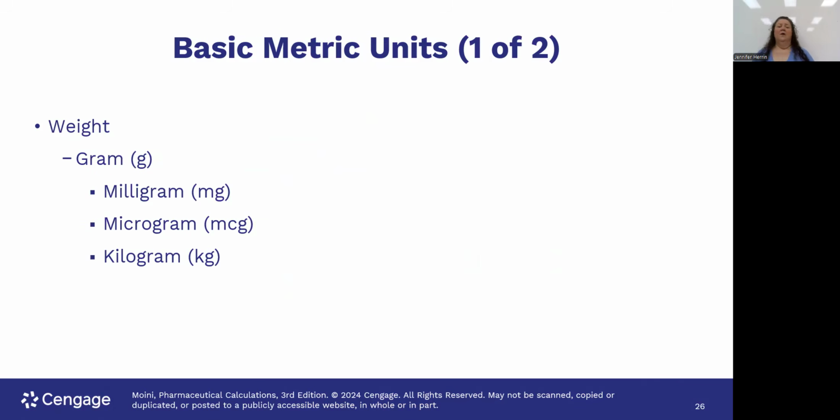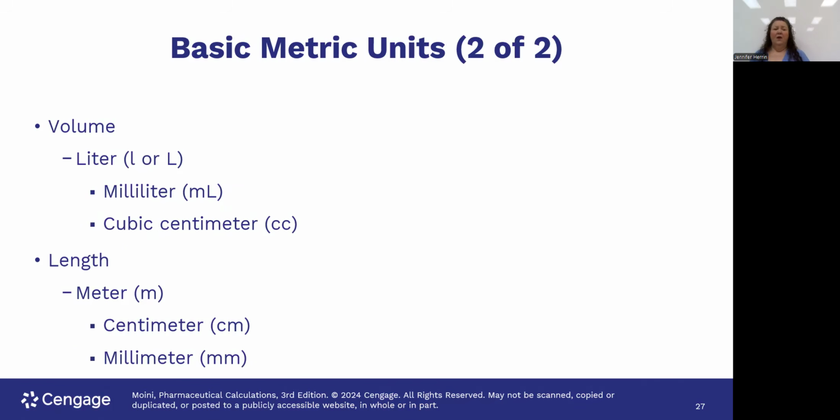Under gram, we have some other gram measurements that are common in pharmacy, such as the milligram, the microgram, and if you're doing some bulk work, you might utilize the kilogram. With volume in pharmacy, we are most commonly going to use the milliliter and cubic centimeter, or cc, which is the amount of space that 1 milliliter takes up.